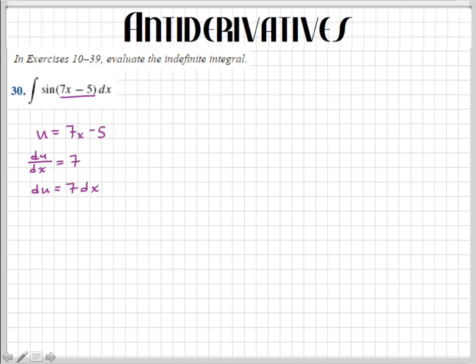And so when you do u substitution, you're probably not going to write this middle step, but it does help us understand how we got here. So u equals this and du equals this. And what we're going to do is sub out those two to then take the antiderivative of whatever we have with the u inside.